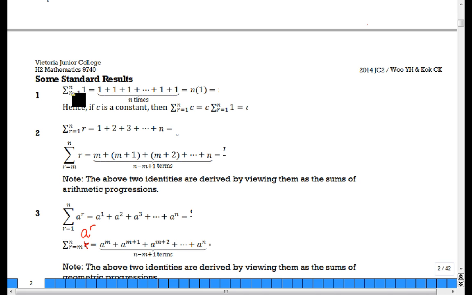Yes, okay, good. So this is, you sub r equals 1 in, r equals 2, etc., you have n. Not difficult. If c is a constant, I can factorize the c out and I still get c times n. Okay, if I say too much, I'll be insulting your intelligence.